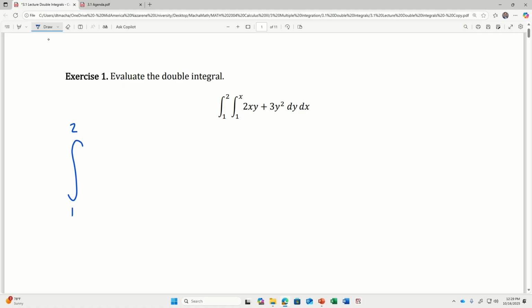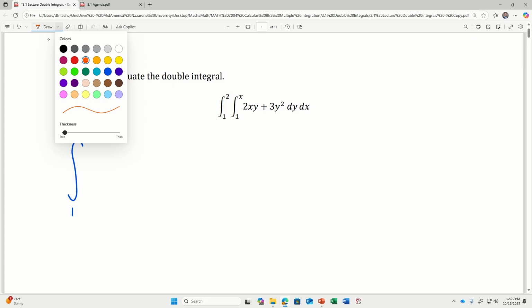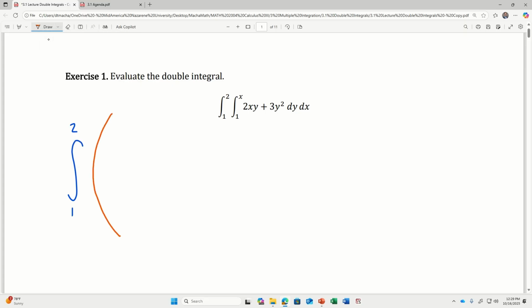If you see two integrals and then something like dy dx on the end, what that's saying is I'm taking an integral of all of the stuff that's happening inside, and so we deal with the orange part first. We're going to work our way from inside out.